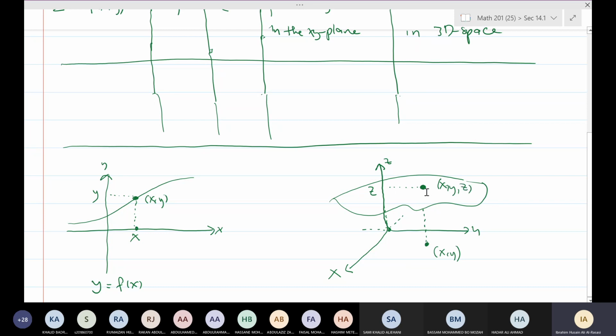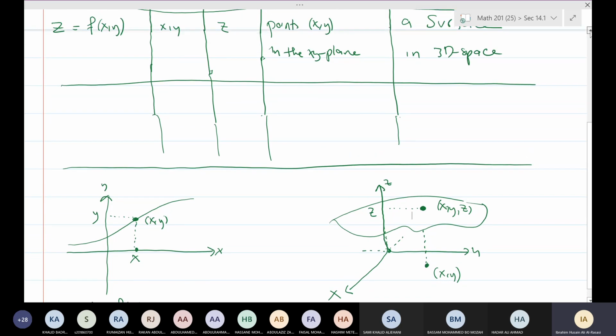This is the corresponding point on the surface. The domain will be points in the floor, in the XY plane. For each point, you will have a point in the range Z. Then you get a point on the surface, X, Y, Z.